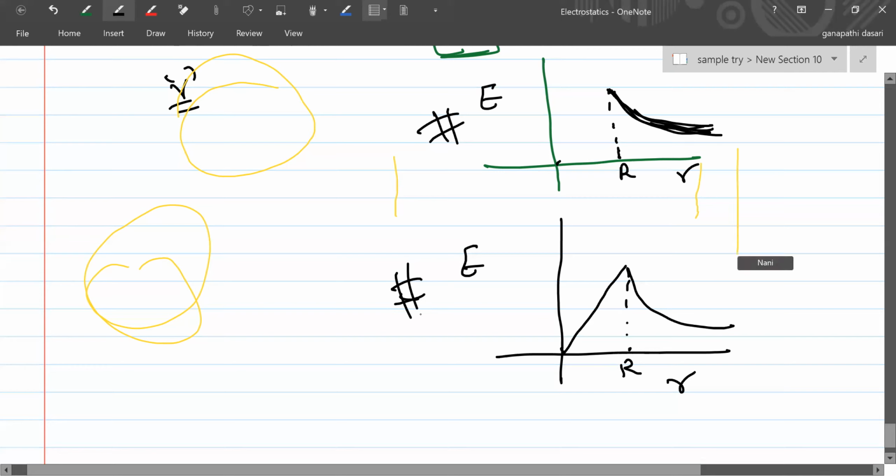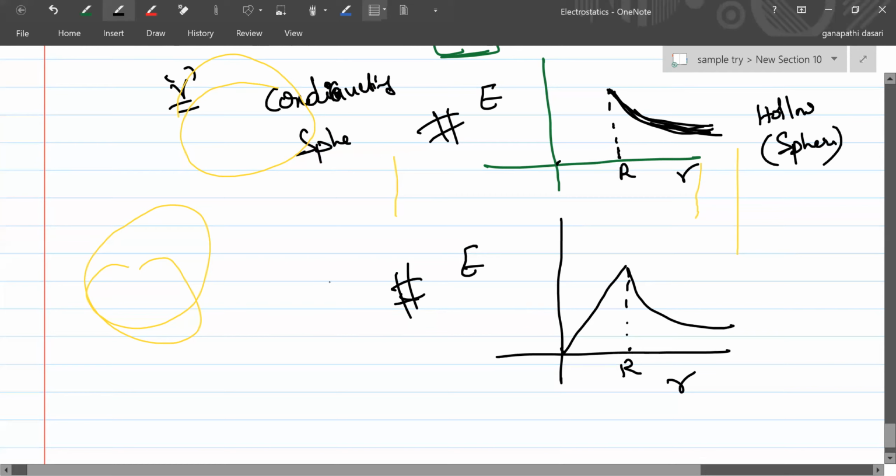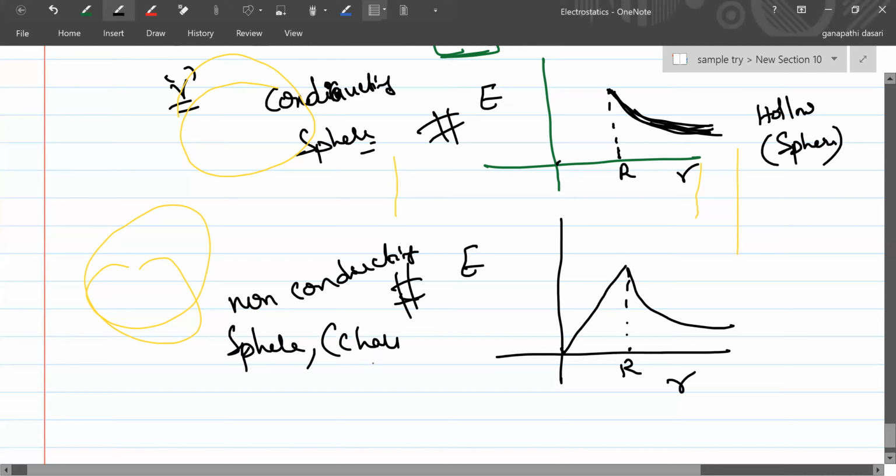The first graph is for a hollow sphere, or you can write it for a conducting sphere also. For a conducting sphere, the entire charge will be on the surface only. Here, non-conducting sphere, uniformly distributed charge over the entire volume.